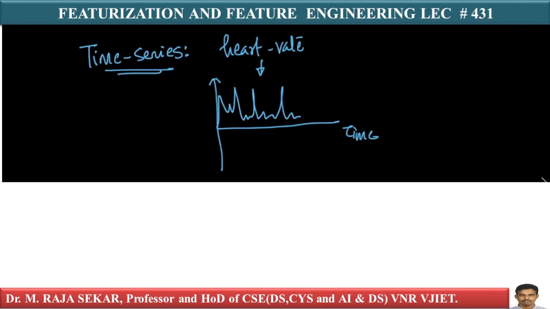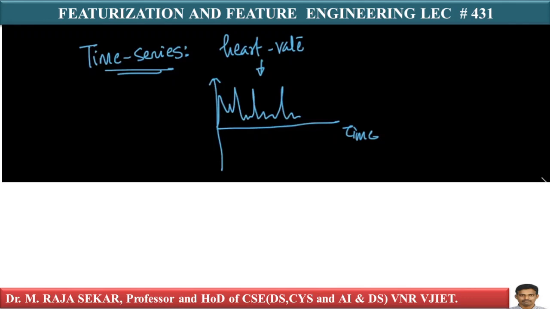Time is on the x-axis and on the y-axis you have amplitude, isn't it? And this is the time series. Your heart rate can be represented as a time series. So when you have time series data, how do you handle it?